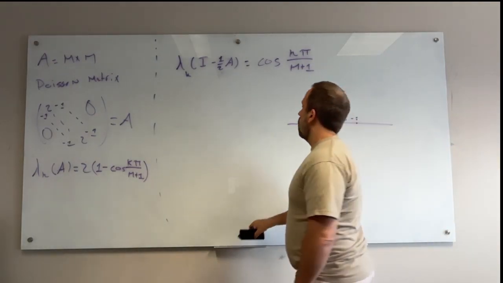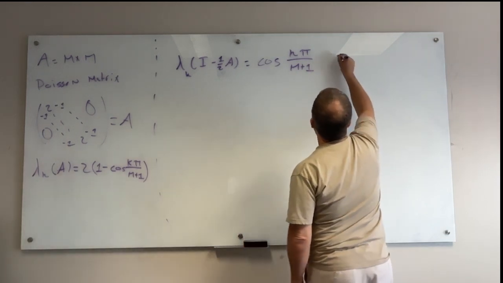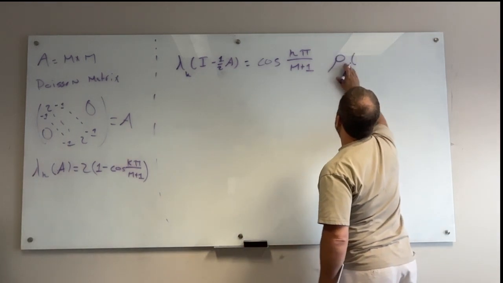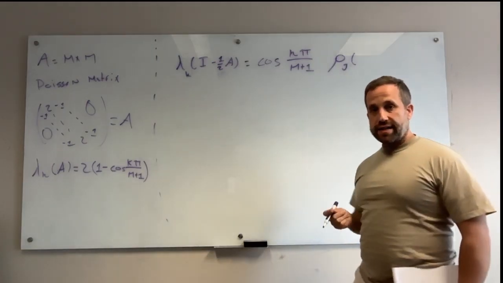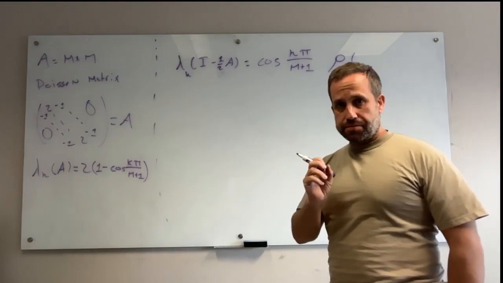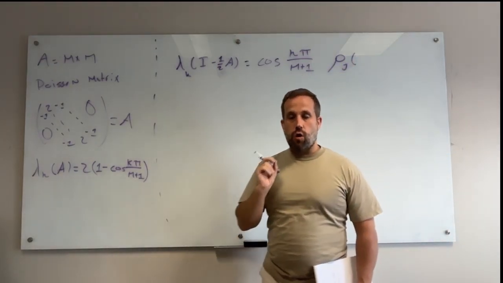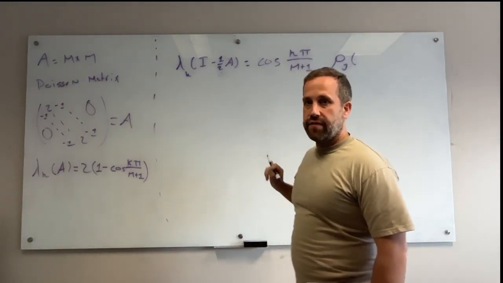Okay, so the spectral radius for the Jacobi method, I'm going to call it rho sub j. We also use this when we analyze the Gauss-Seidel method, because remember, for the SOR method, we had that formula to relate its eigenvalues to these eigenvalues.